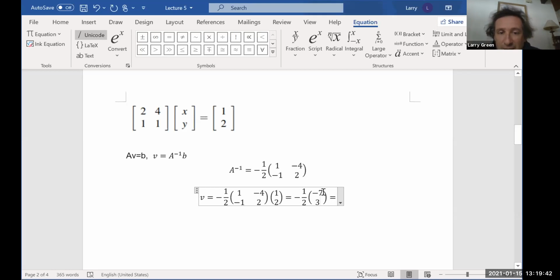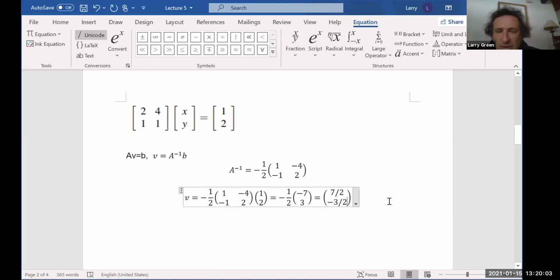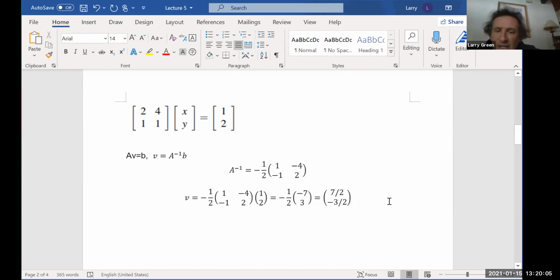And then I just multiply the 1/2 through. So I get -7 over 2, and it's a -1/2, so that makes it positive, and then I get -3/2. Any questions on that? Is that clear, or did I lose you somewhere along the line?